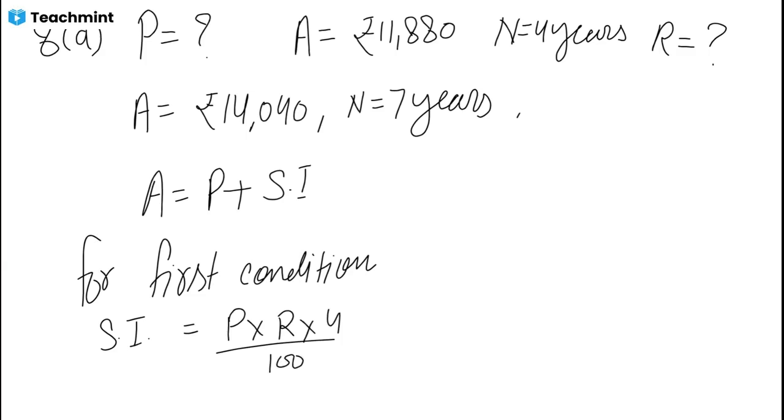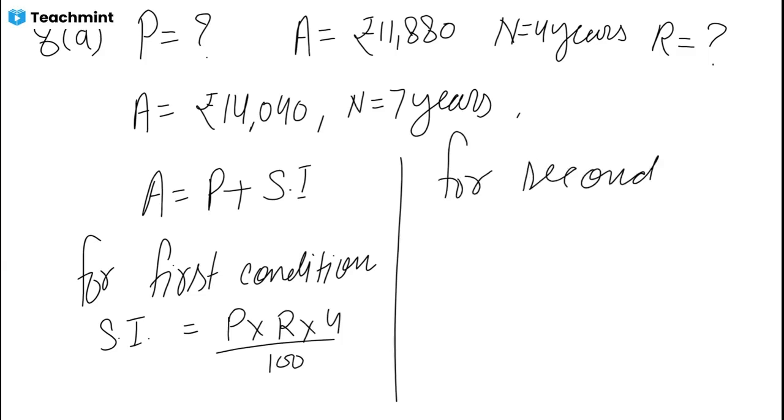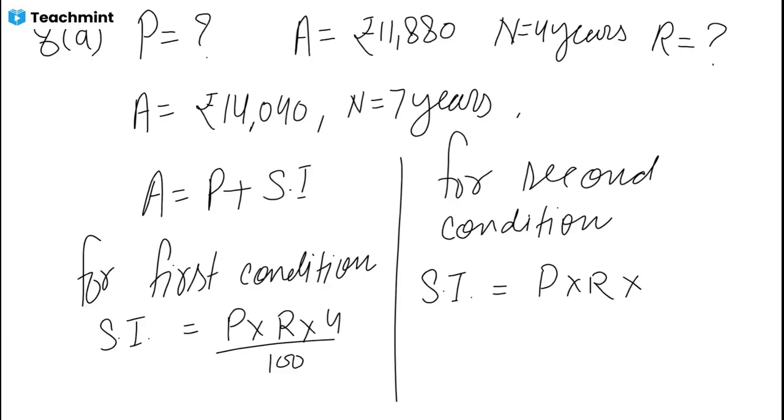And for the second condition, SI is P into R into T, sorry, N is 7 years, over 100.